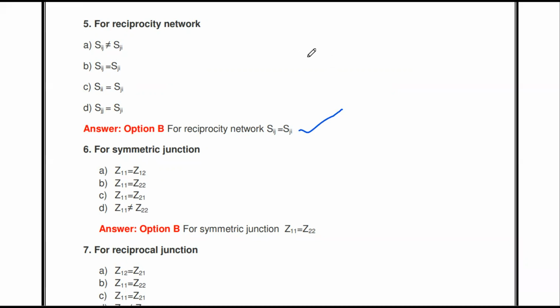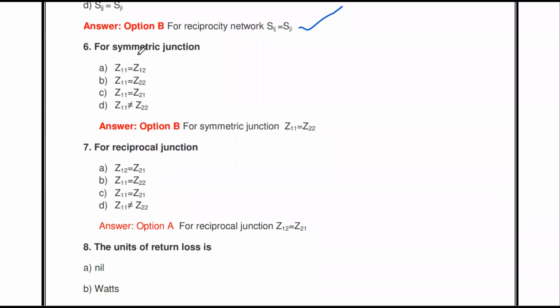For example, for a 2-port network, S12 and S21 must be equal. Similarly, for a 3-port network, S12 equal to S21, and S13, S31 values are the same. So for a reciprocal network, the condition in terms of the S matrix is that Sij is always equal to Sji.